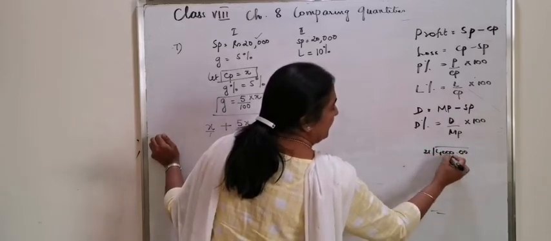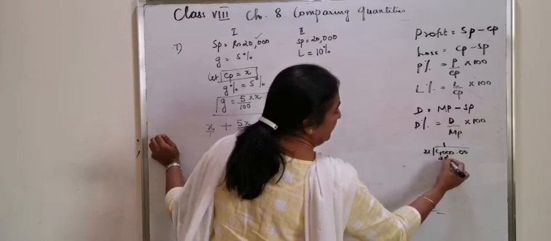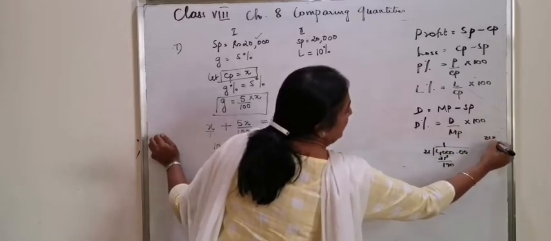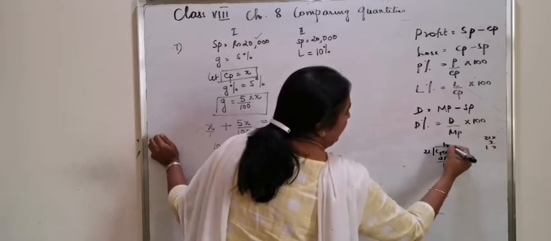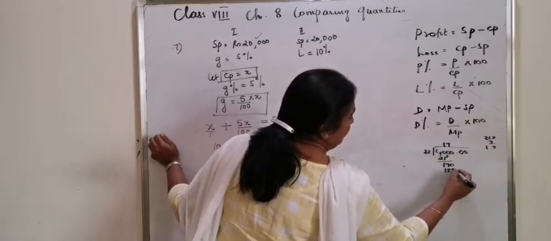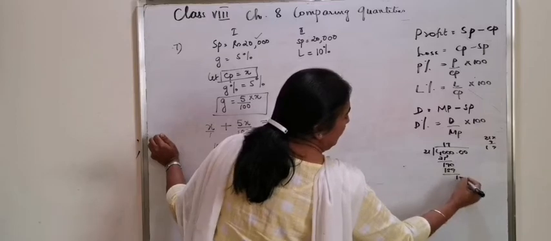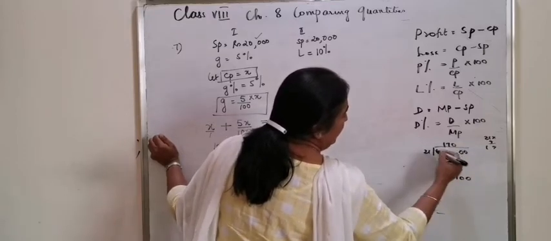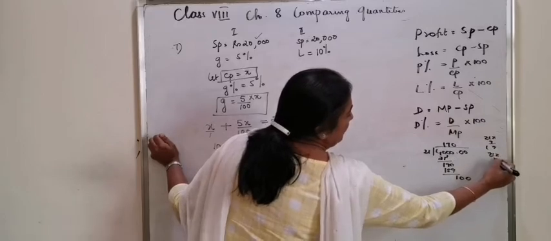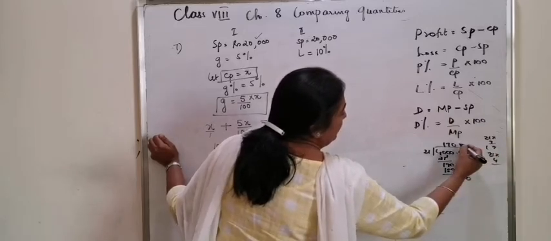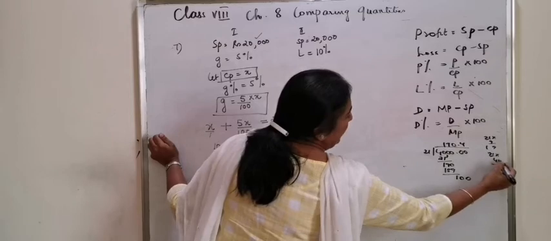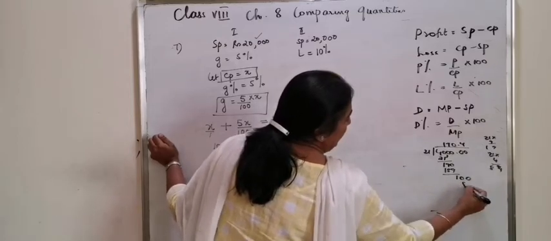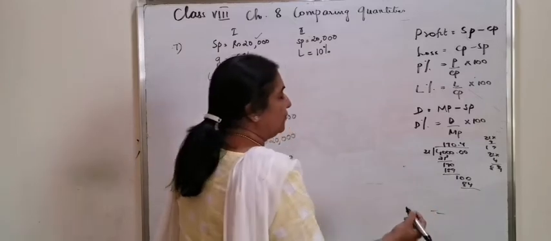21 one time is 21. 19, 190. 21 into 9 is 189. It is one time. 10, that means 0. Again 100. 21 into 4 is 84.